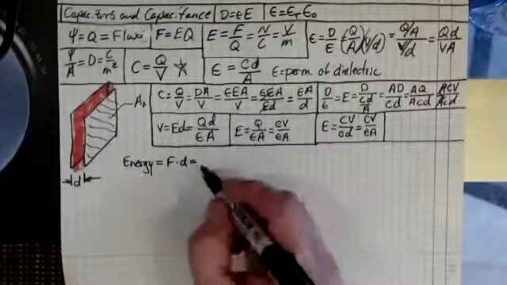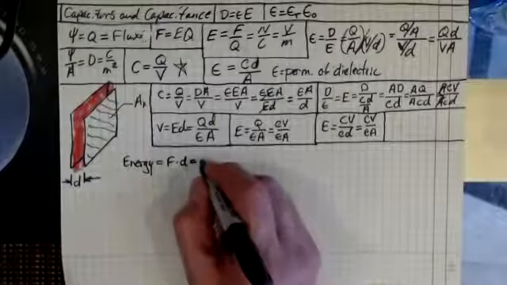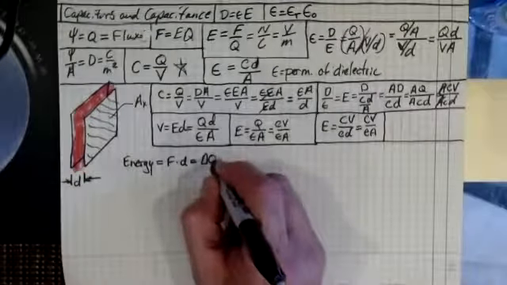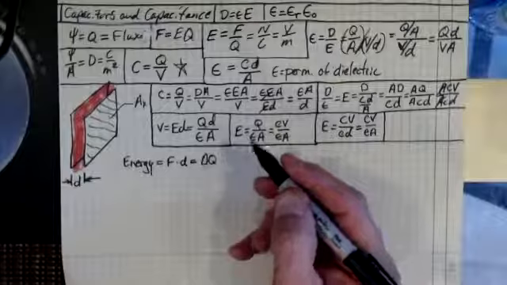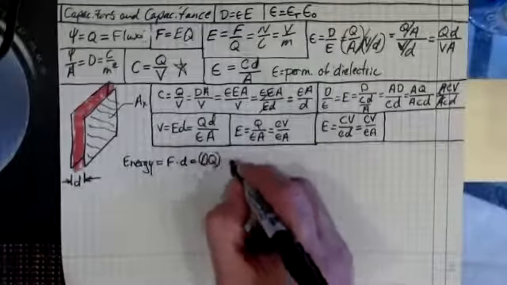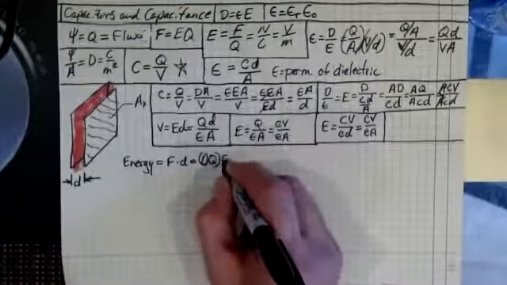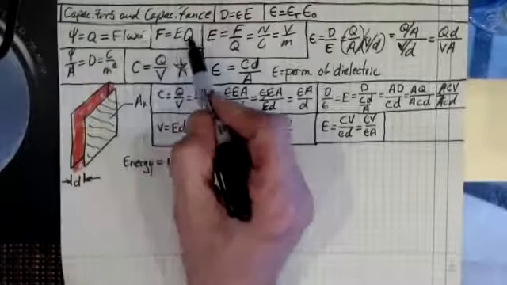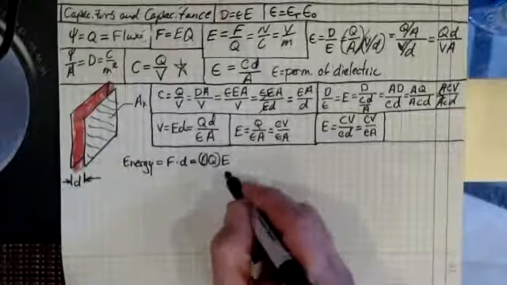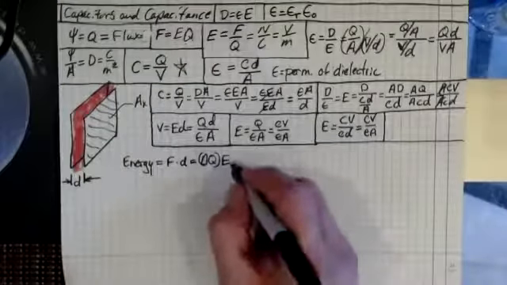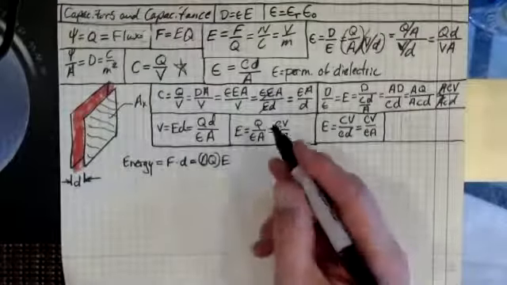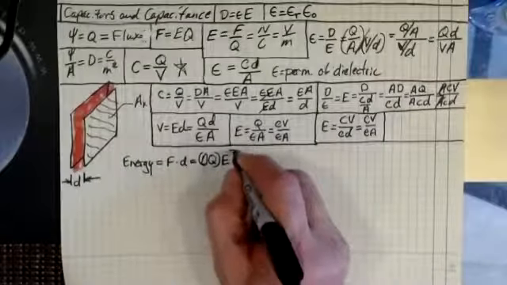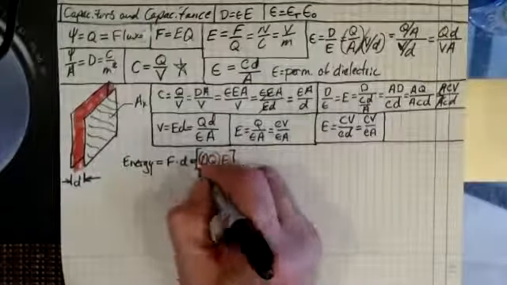So what is force? Force is the electric field times charge. I'm just saying I've got a small amount of charge there, and then that is times D.